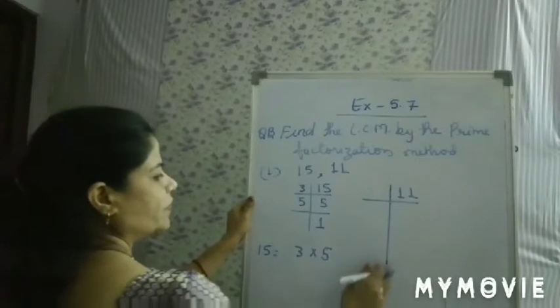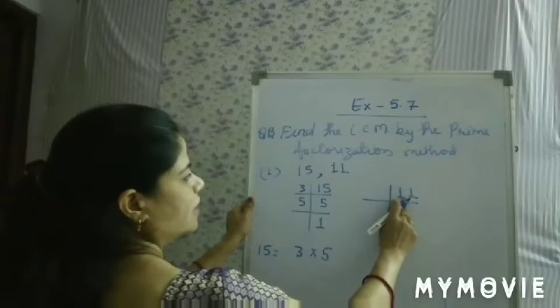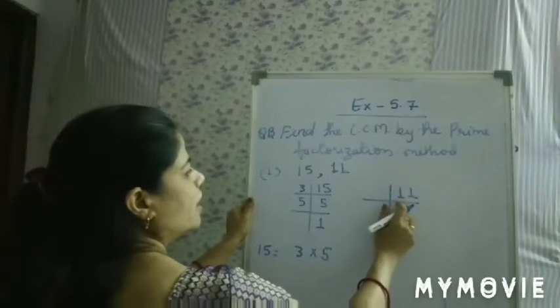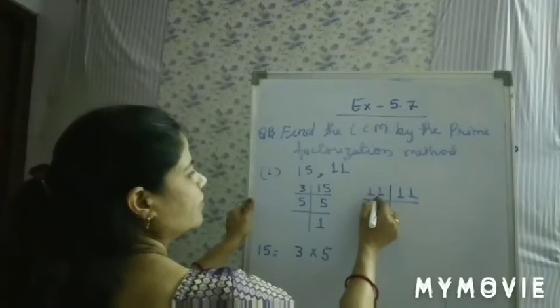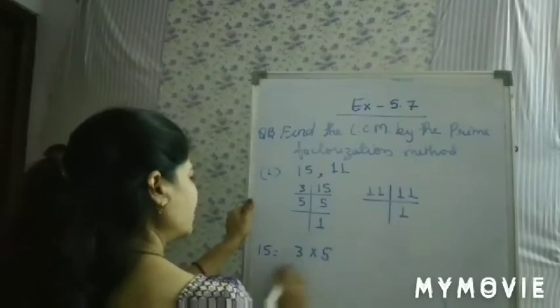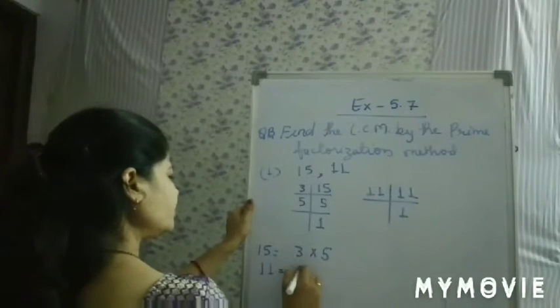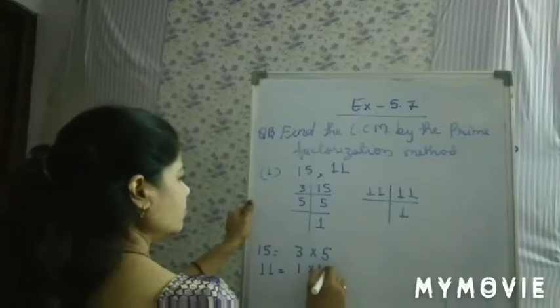3 into 5. Now you have to divide 11. Since 11 is an odd number and 11 is a prime number, you have to divide 11 by 11. 11 1s are 11. So the prime factors of 11 are 1 into 11.